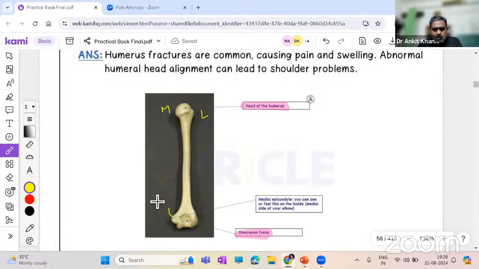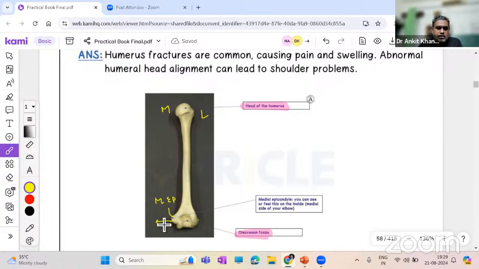And therefore, this is obviously the medial epicondyle, which you can also feel on the medial side of the elbow. If you try to palpate the bony landmarks, you will feel a projecting bone. That is the medial epicondyle. This is also projecting more than the lateral epicondyle, so it is easier to identify. So you can just cross.